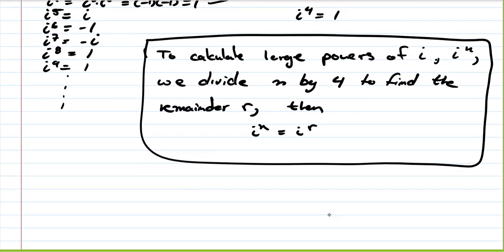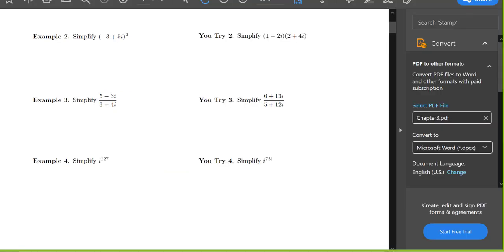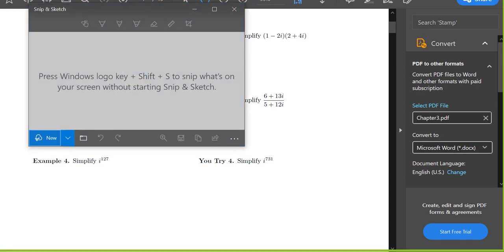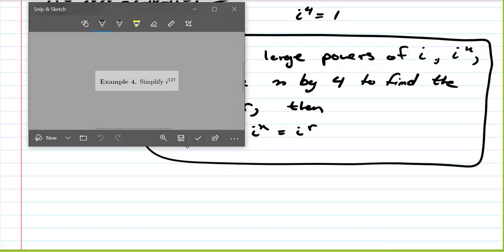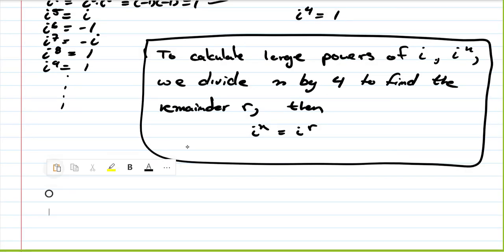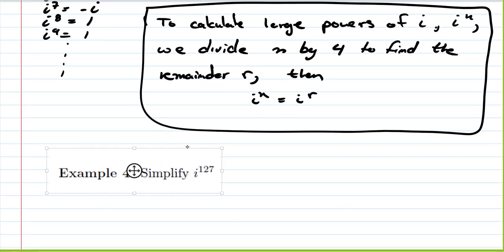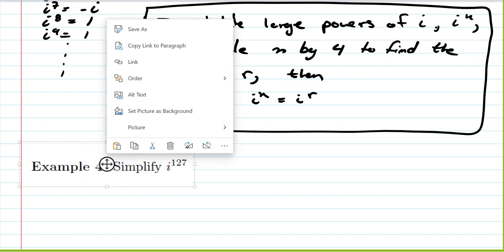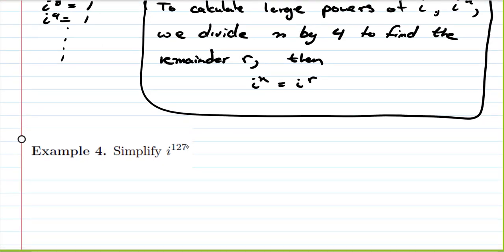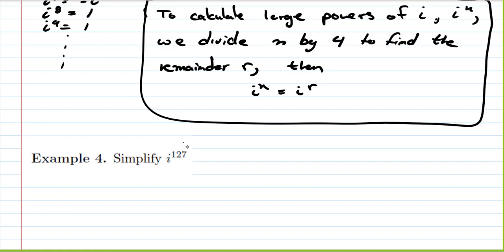All right, so let's take a look at example 4. If we want to calculate i to the 127th power, what our rule says is we are going to take our exponent, 127, and divide it by 4. So 4 goes into 12 3 times. That gives us 12.